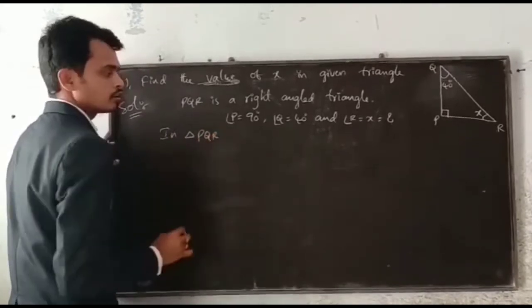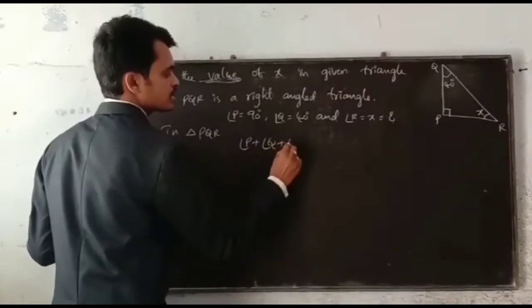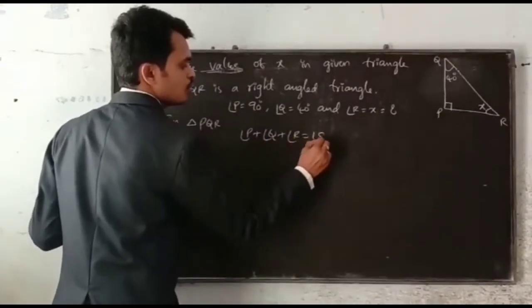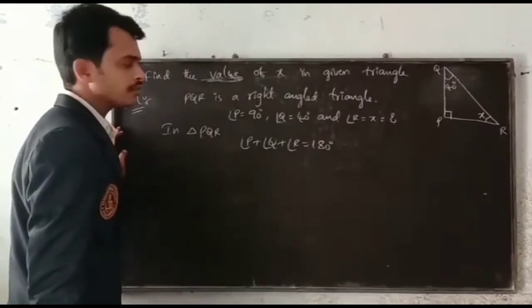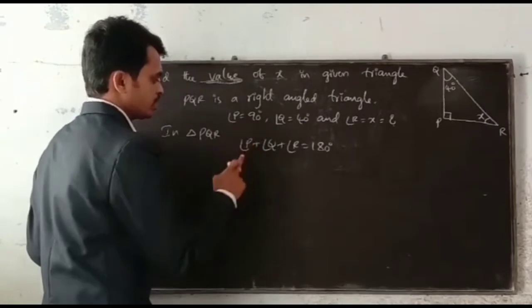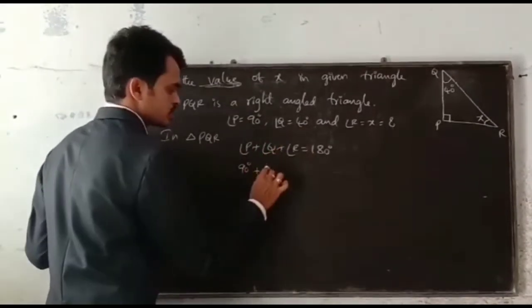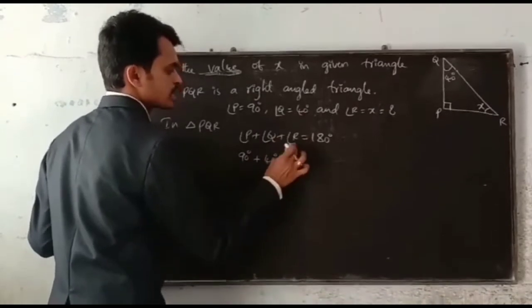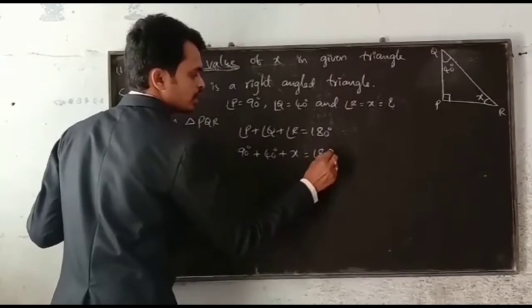So here in triangle PQR we know that angle P plus angle Q plus angle R is equal to 180 degrees. This is called the angle sum property of a triangle. So let us substitute the angles. Angle P is 90 degrees plus angle Q is 40 degrees plus angle R, nothing but x, is equal to 180 degrees.